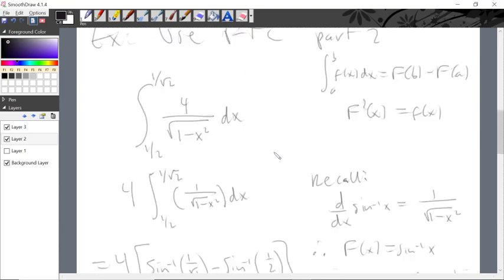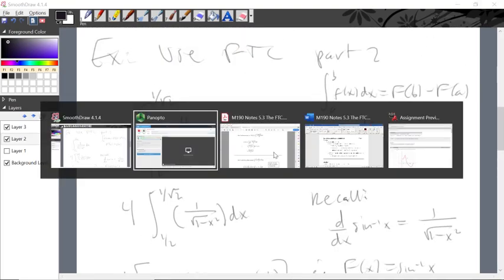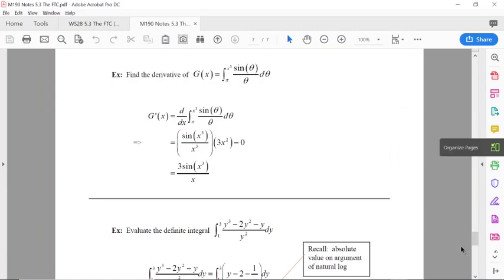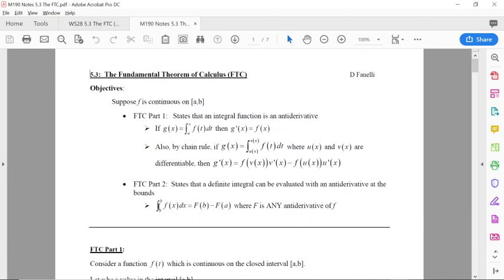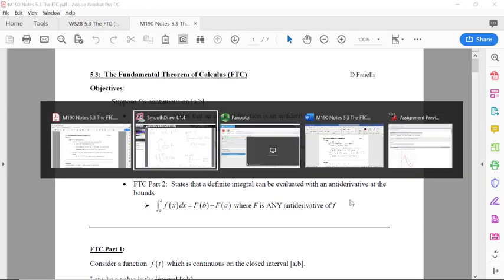That is a crucial part: the function needs to be sufficiently continuous over the closed interval from a to b. If it was not, there are things that we could possibly do, depending on the type of discontinuities and how many of them there happen to be, but that's for a future course.